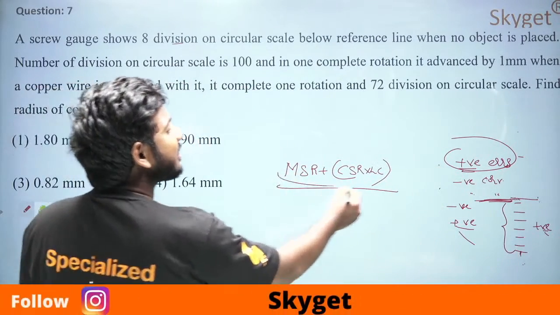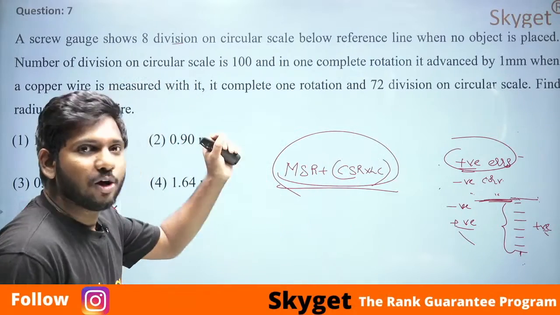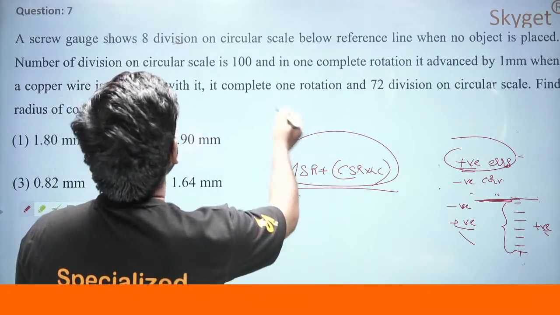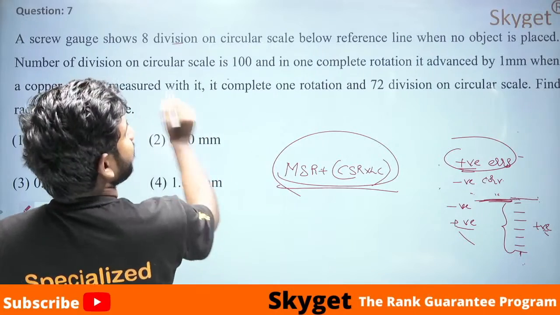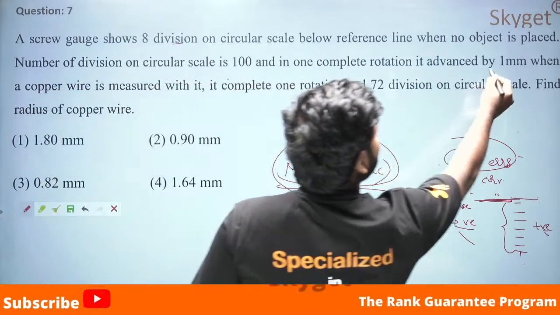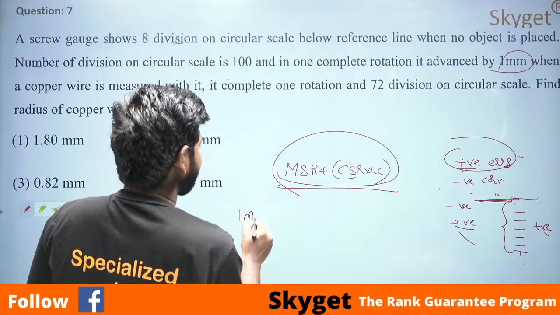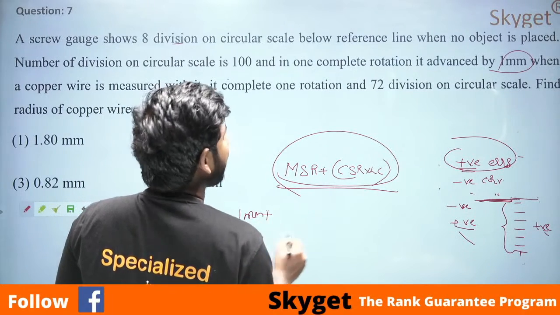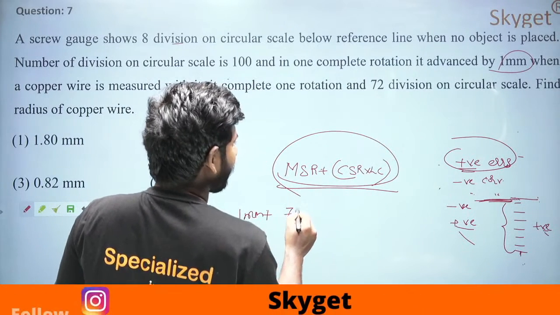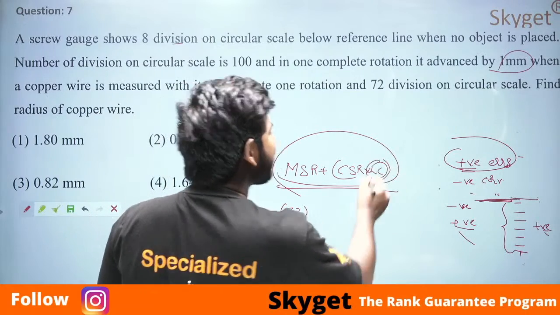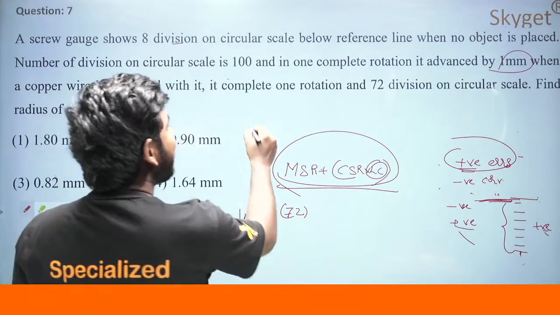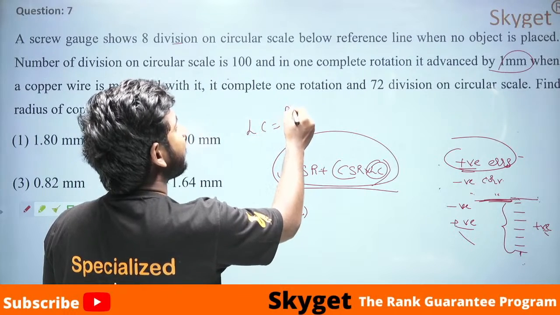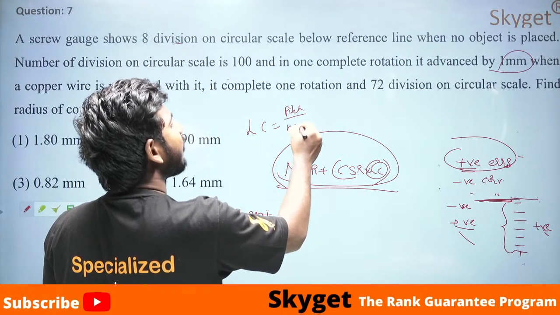So what is the formula for this, students? Main scale reading is 1 millimeter, plus circular scale reading is 72 into the least count. Least count is equal to pitch by number of divisions.